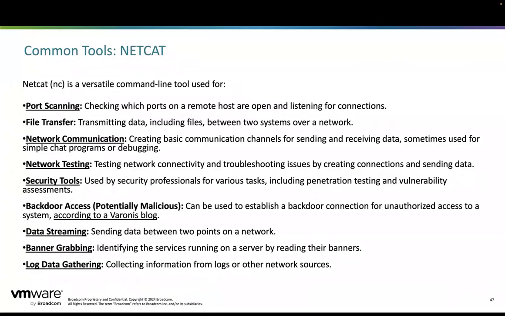So obviously a tool that has a lot of capabilities in it. As a network administrator, network engineer, or security engineer, having some fluid knowledge of these tools will allow you to troubleshoot things a little easier.